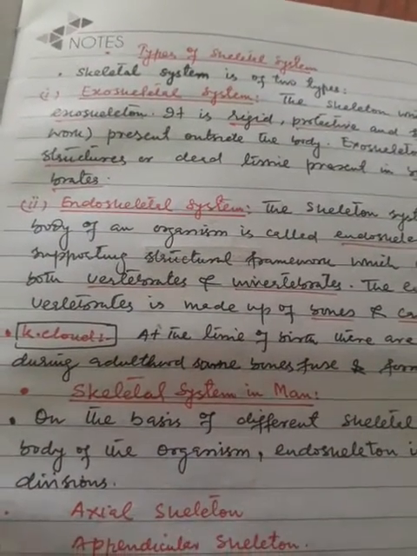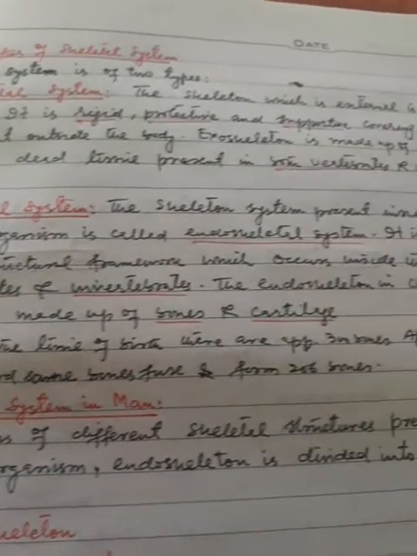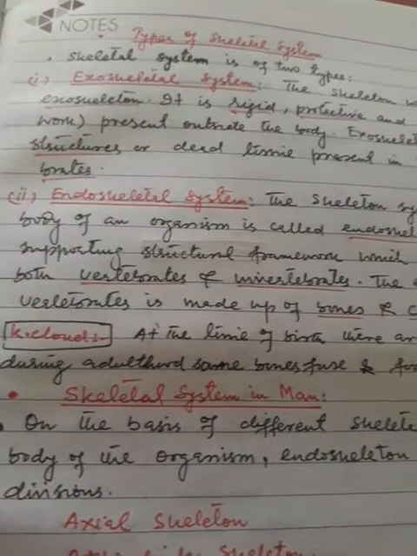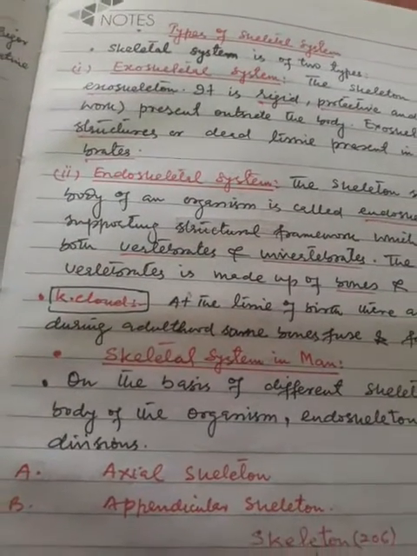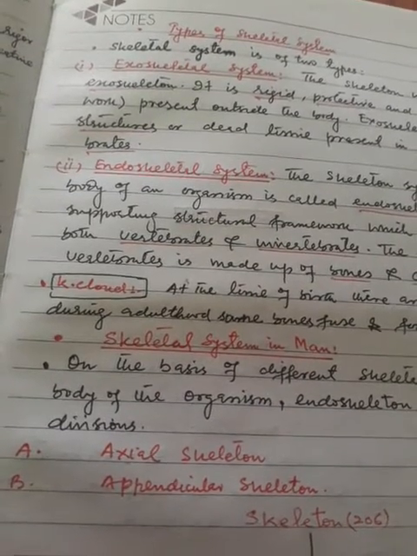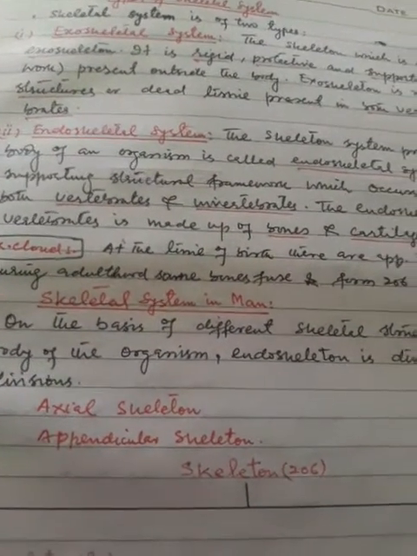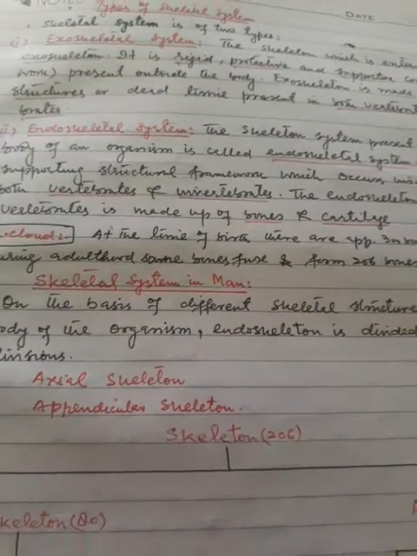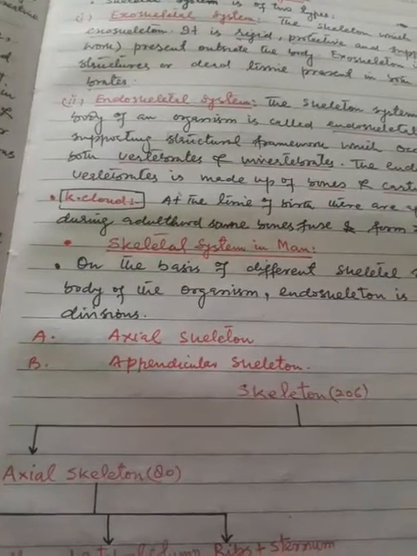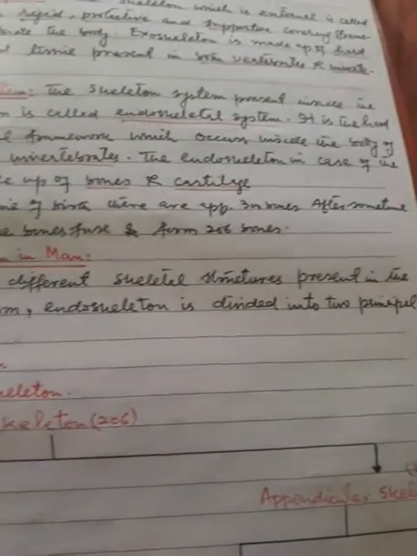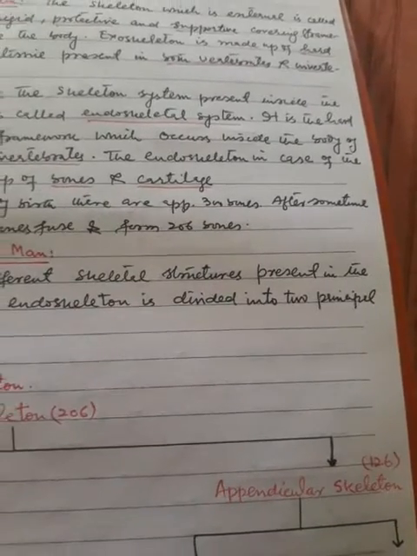Skeletal system in man. On the basis of different skeletal structures present in the body of the organism, endoskeleton is divided into two principal divisions: A, axial skeleton, and B, appendicular skeleton. The skeleton, which comprises 206 bones, is divided into axial skeleton with 80 bones and appendicular skeleton with 126 bones.